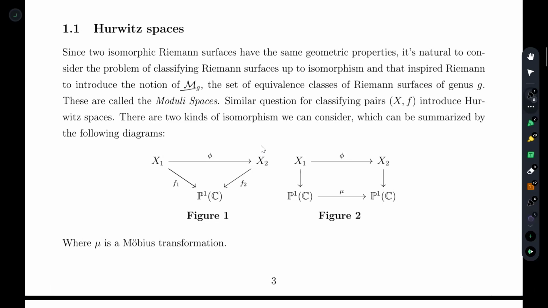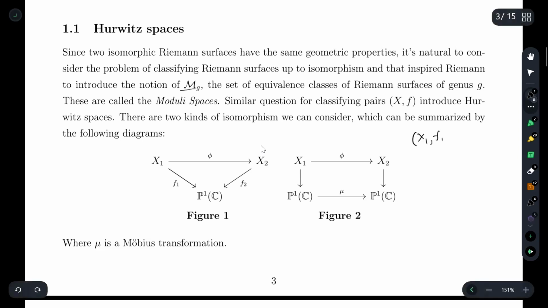There are two notions of isomorphism between these pairs. One is that there is a map from X1 to X2 that is an isomorphism of Riemann surfaces such that the following diagram commutes. Okay, so this is the first notion.